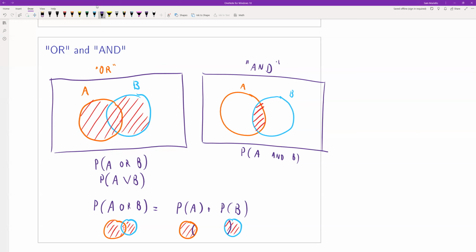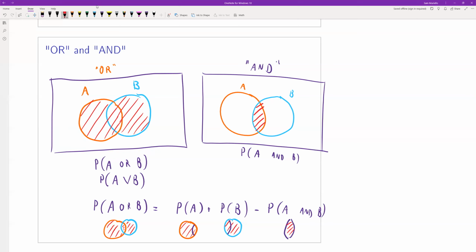And so what we need to do to amend that is subtract the overlap. We will take the probability and subtract the probability of A and B. We see that if we add the first two pieces together, and then subtract the overlap, then the overlap is now only accounted for once instead of twice. And as a result, we're able to add together these areas to get the probability of A or B.